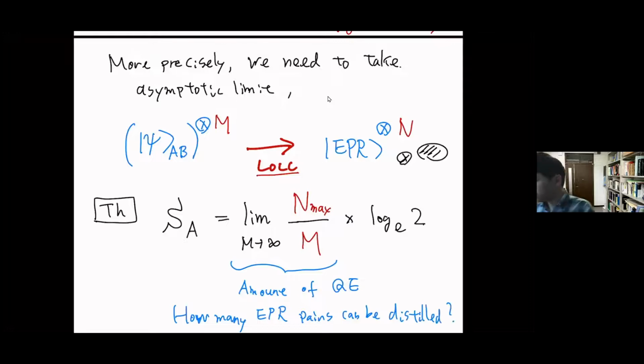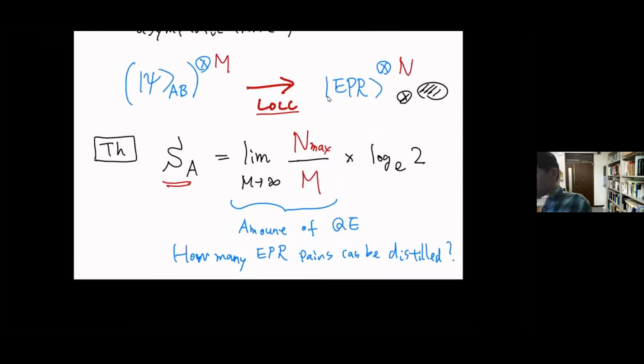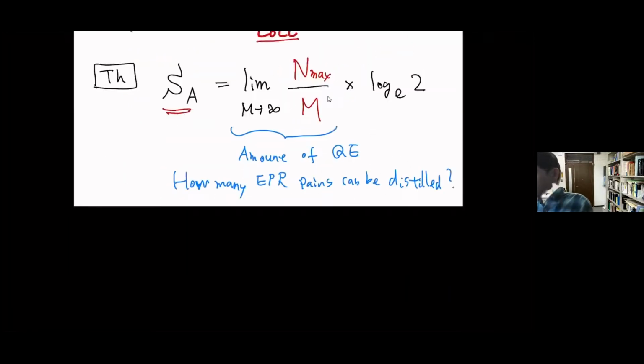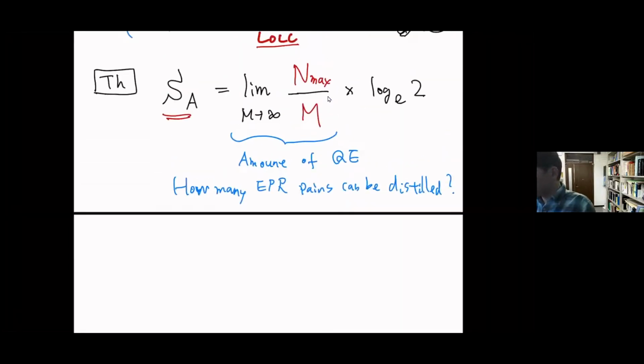Often people call it distilled. And we can measure this amount by using entanglement entropy. I will give some explanation, some kind of derivation of this formula. This is one of the basic things I wanted to talk about in this section.